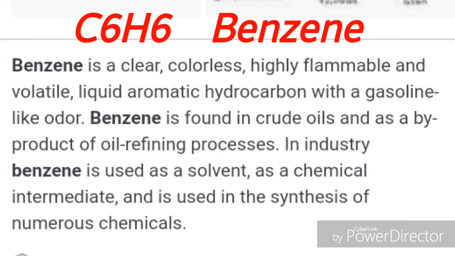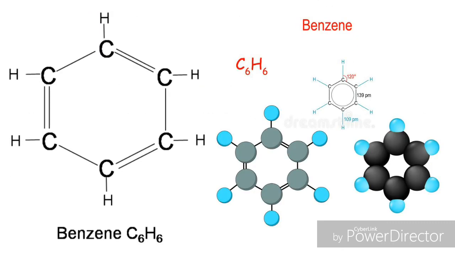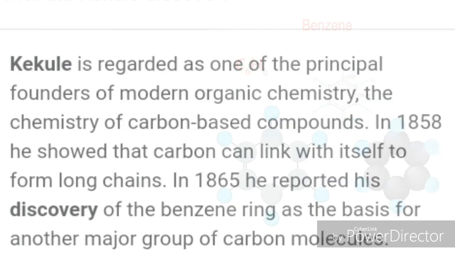In industry, benzene is used as a solvent, as a chemical intermediate, and is used in the synthesis of numerous chemicals. In the structure of benzene, a cyclic or ring compound, alternate double bonds will be there. You can see here, it's a cyclic compound with alternate double bonds.